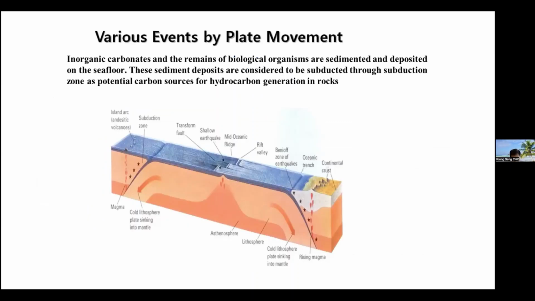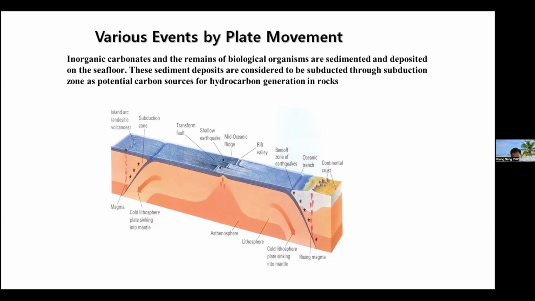I would like to briefly introduce plate tectonic theory for the possible supply of carbon sources to surface rocks. As seen in the picture, at the mid-ocean ridge, mantle is slowly erupted to become ocean crust. The ocean crust is then pushed by new mantle eruption and moved toward the subduction zone.